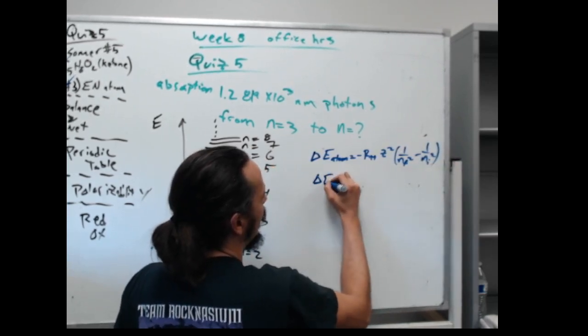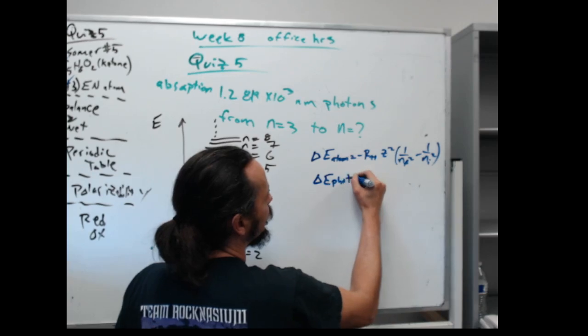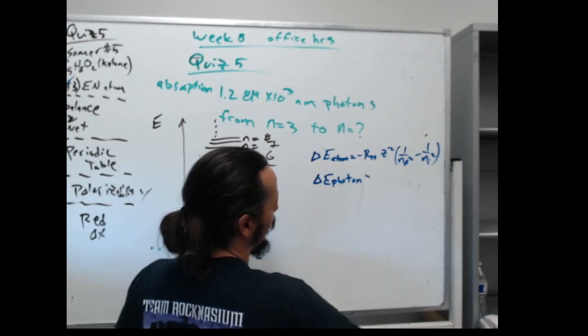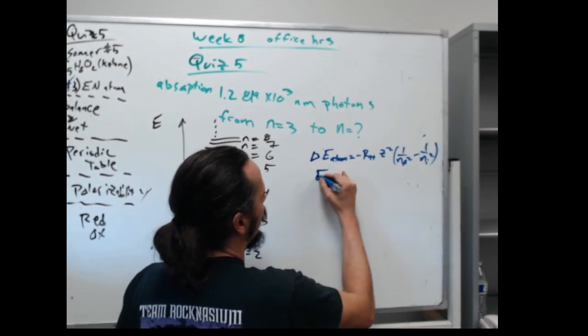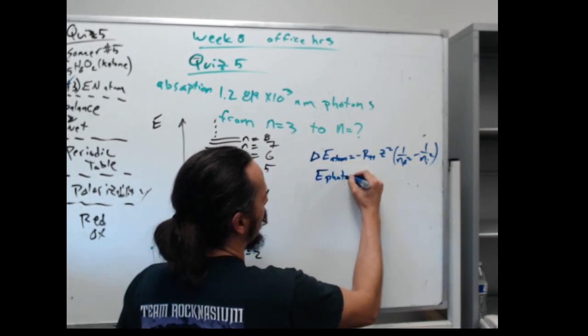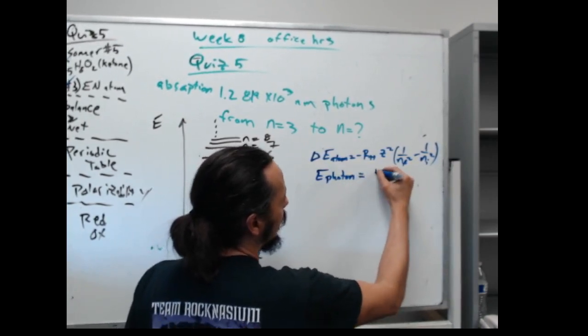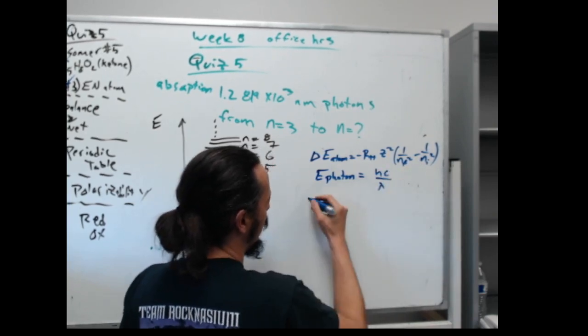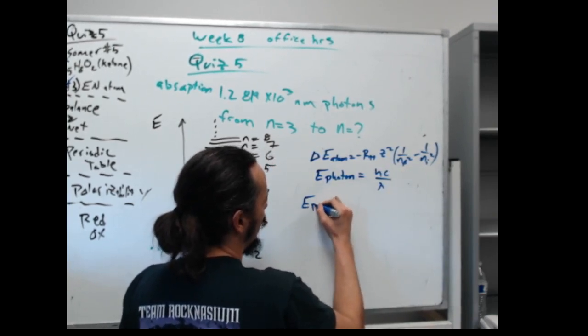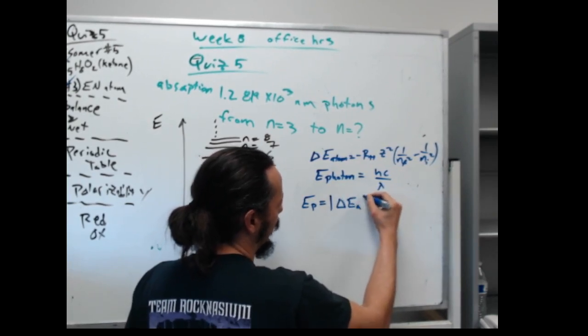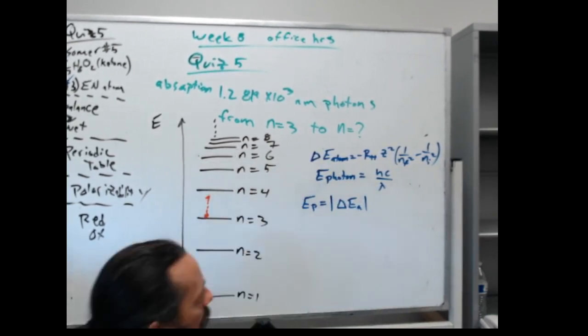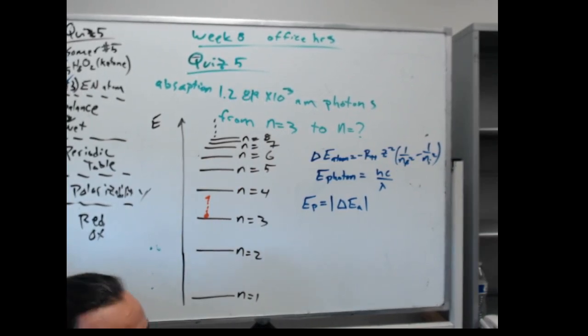The energy of the photon equals hc over lambda, and my energy of the photon is equal to the absolute value of the change in energy of the atom. Okay, so that's my 3 equation bit for doing that question.